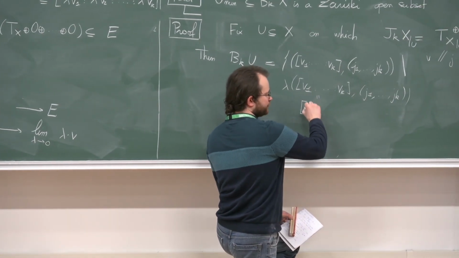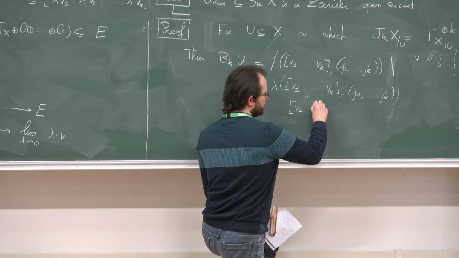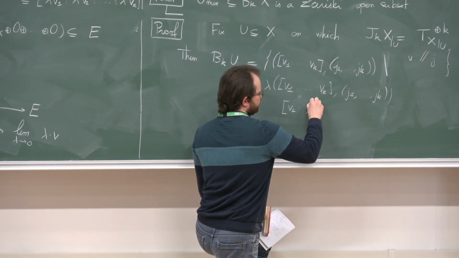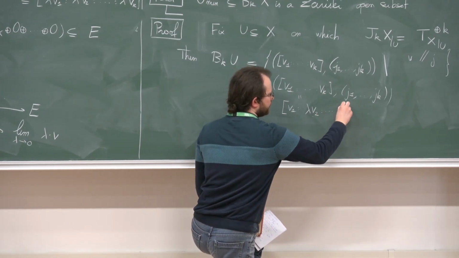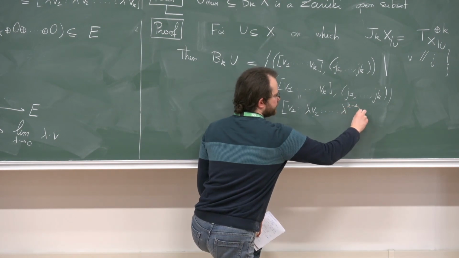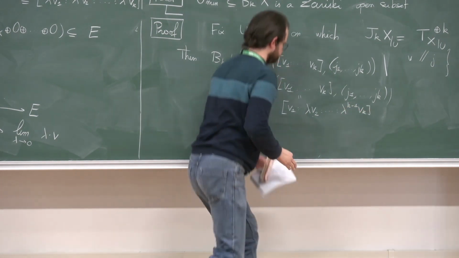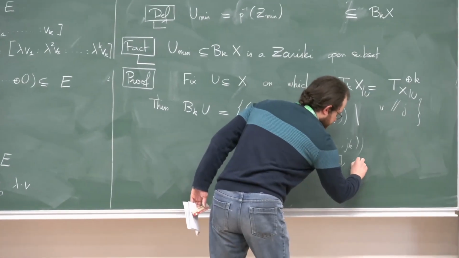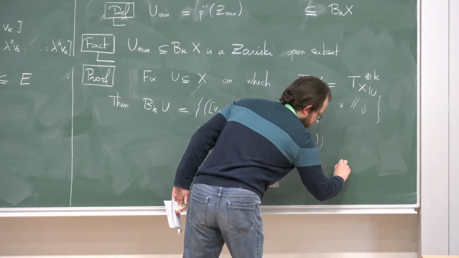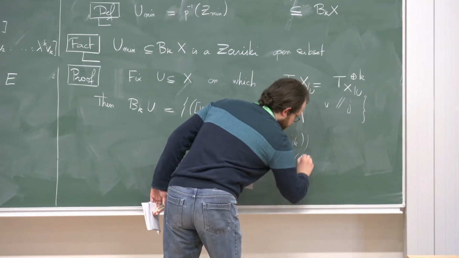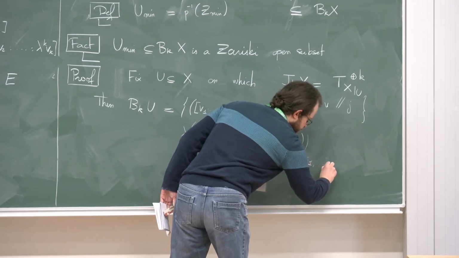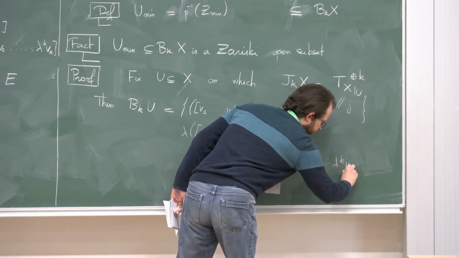So I should have written lambda, but I'm simplifying everywhere. Lambda to the power 1 V2 up to lambda^(k-1) Vk. And similarly for the rest, lambda^k Jk.